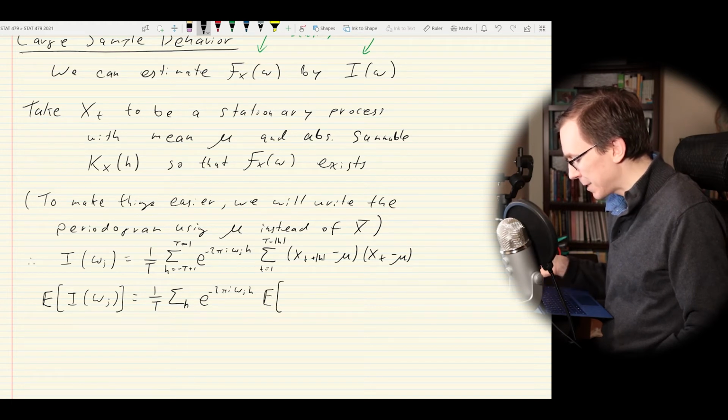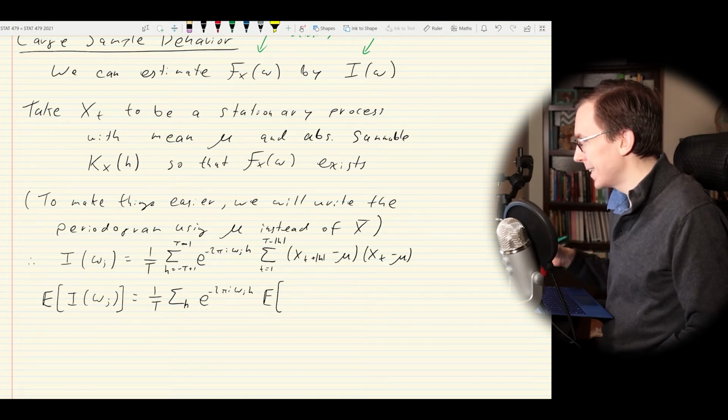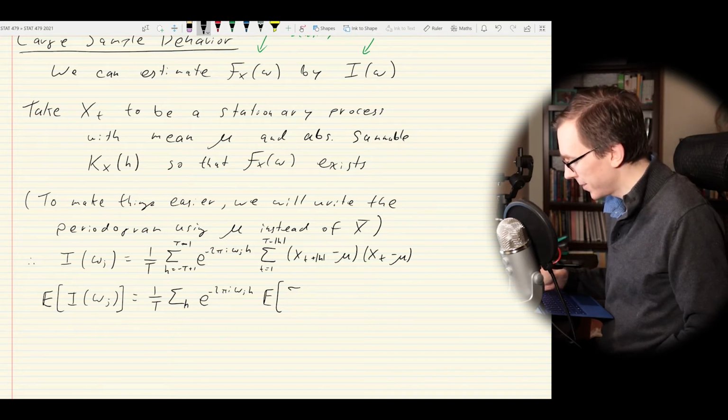I just have to take the expected value. In fact, I can even bring it within this sum, but I don't need to, because I want this to be the autocovariance.